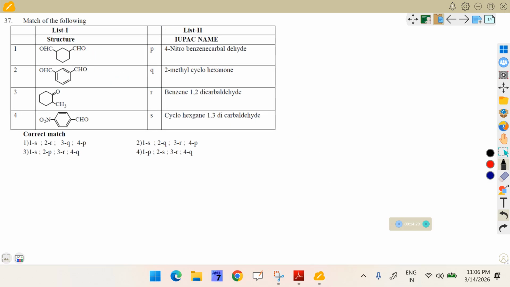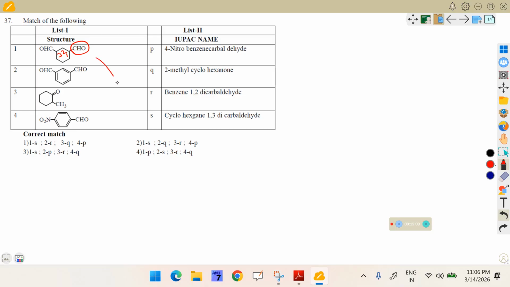See the next question. Match the following. Here is a very important point. Here the CHO group is attached to a cyclic compound, so the IUPAC name ends with carbaldehyde. It is a cyclohexane ring. At the first and third positions, carbaldehyde groups are present.